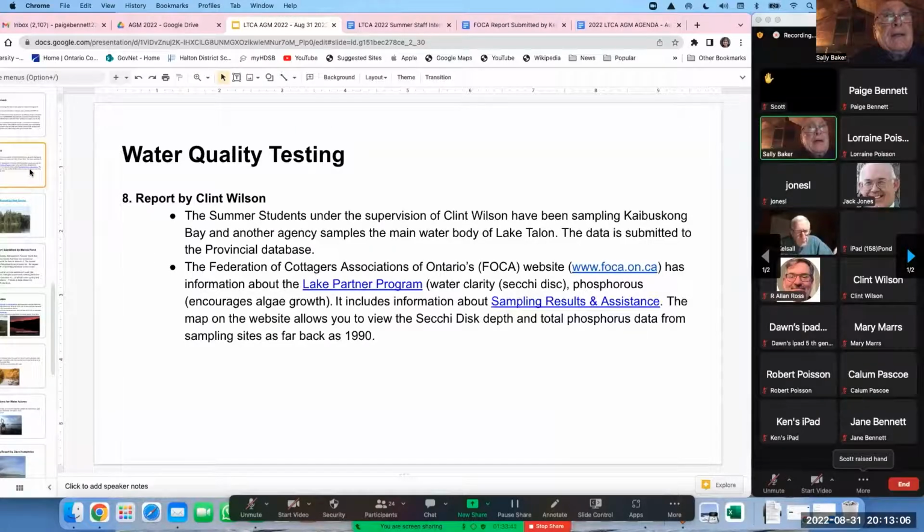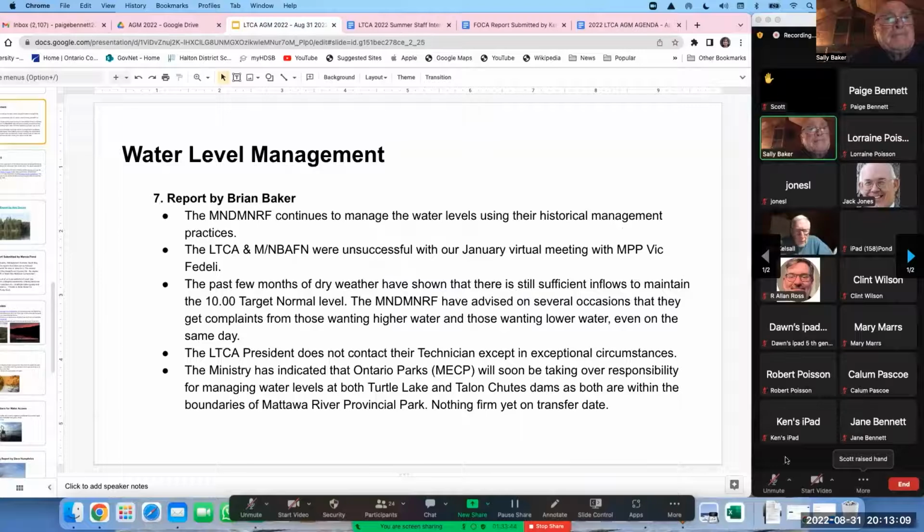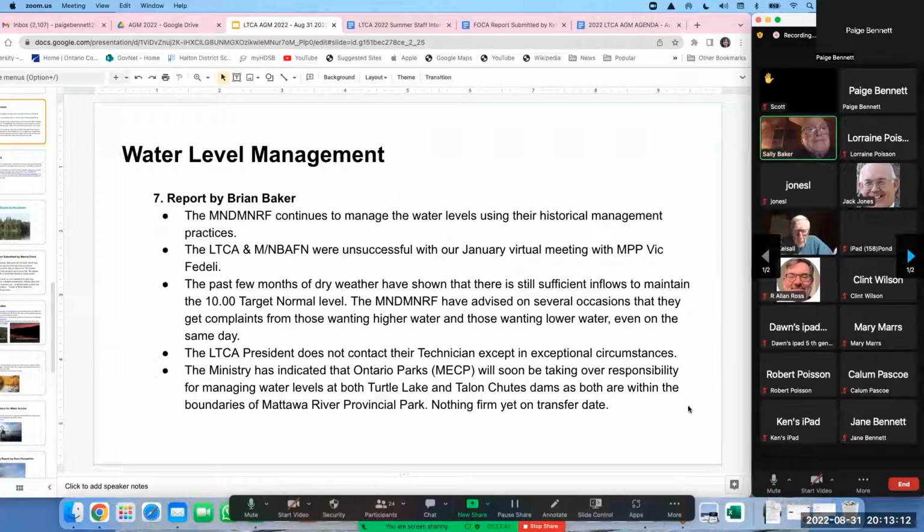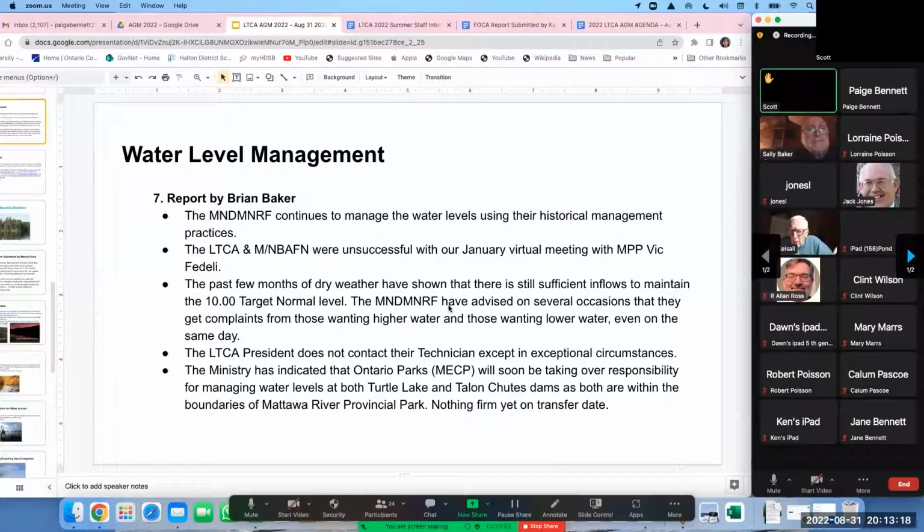Any other comments on the water level management? Scott has his hand up. Hi, yeah, I guess just observing our back and forth with the ministry, individually and through the association, over the years around water levels, and our inability to get any movement from them beyond what they state as their mandate, it doesn't seem effective for us to think of ourselves as being represented by LTCA.